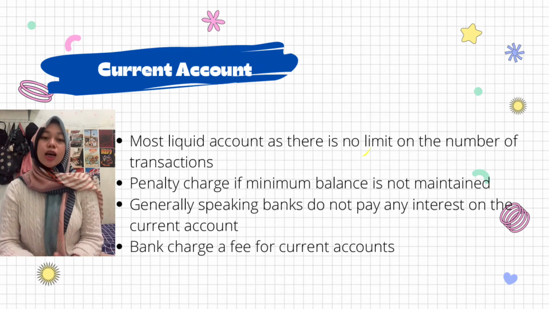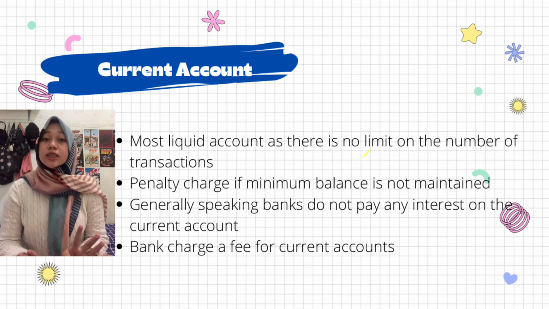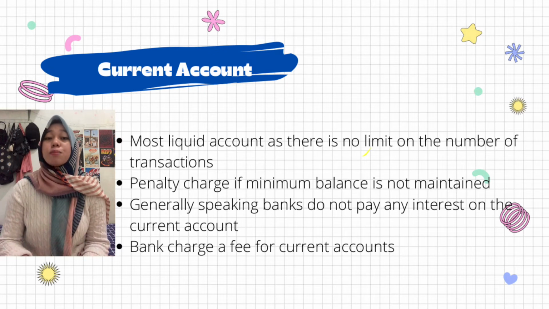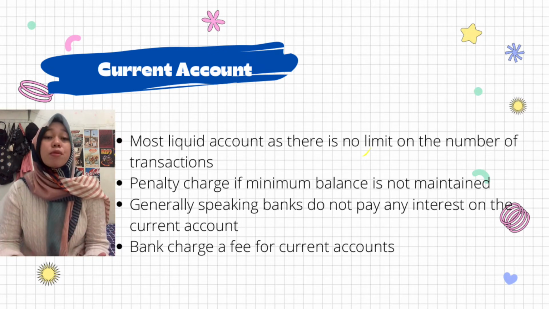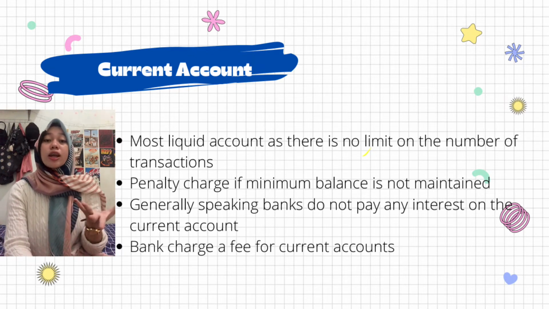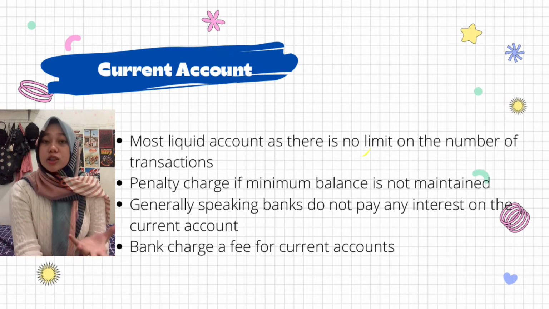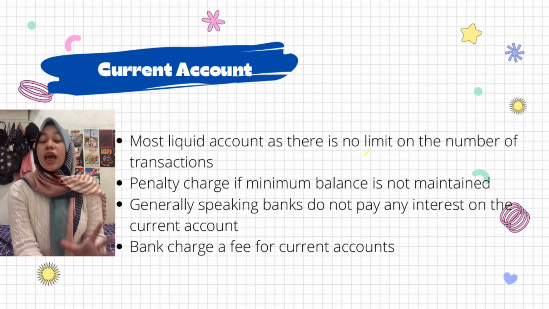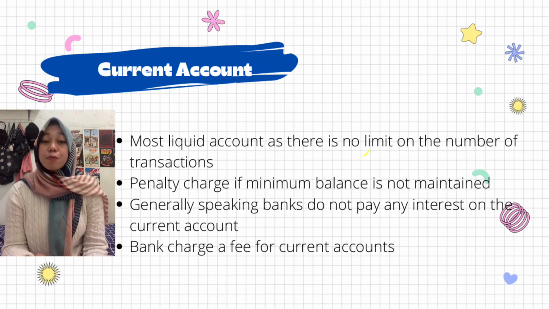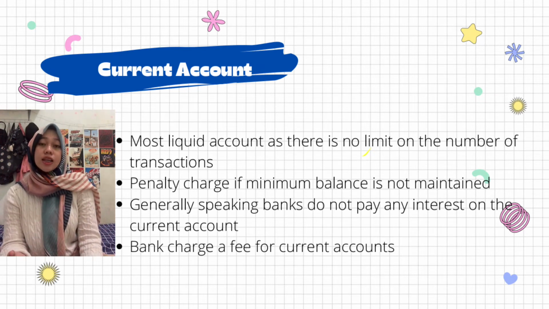Okay, the next type is current account. There are 4 points in this current account. The first one is the most liquid account because there's no limit on the number of transactions. So you can deposit any amount any number of times, and you can also withdraw this money multiple times without any limitation. And then the second point is penalty fee if minimum balance is not maintained.